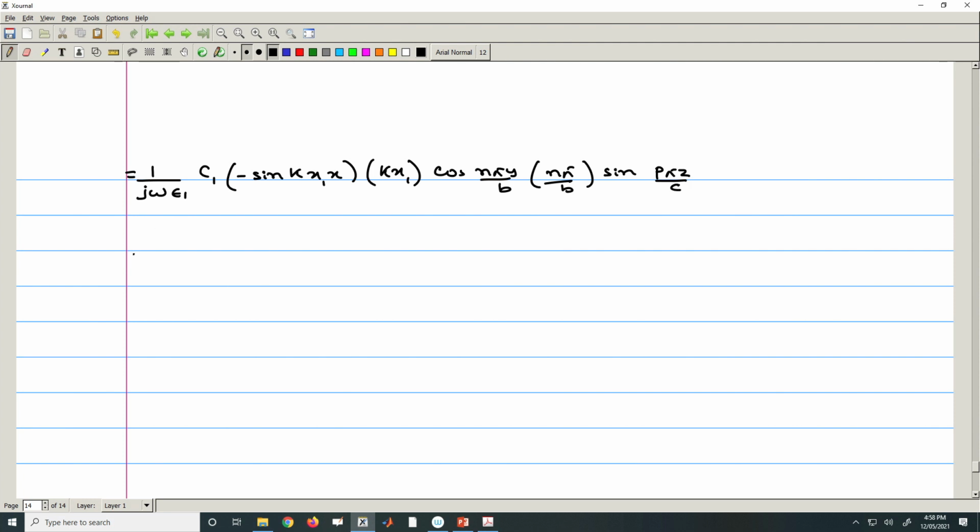Therefore, there will be one minus sign: E y1 equals minus 1 upon j omega epsilon 1 C1 kx1 n pi by b sin of kx1 x cos of n pi y by b sin p pi z upon c.